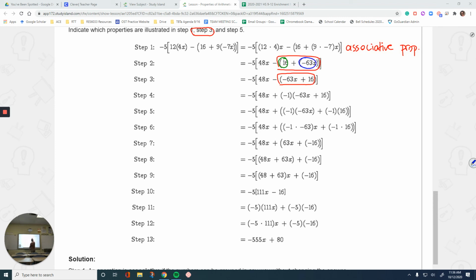And then that term became the first one, and then 16 became the second one. Are they commuting? This is commutative property. So commutative property for the third step. If the terms are switched, that's called commutative property.